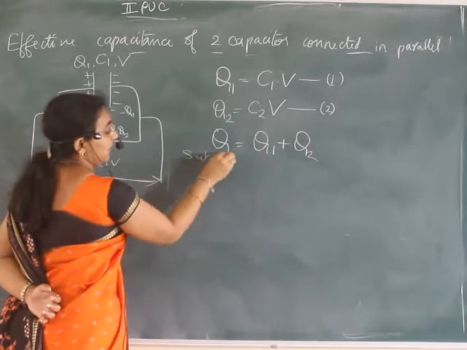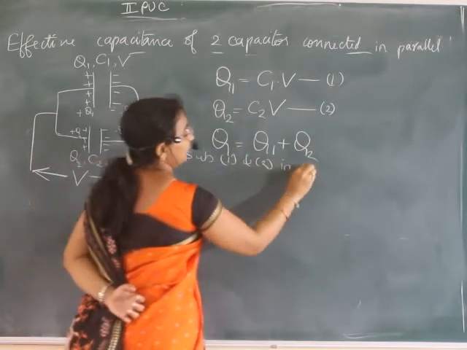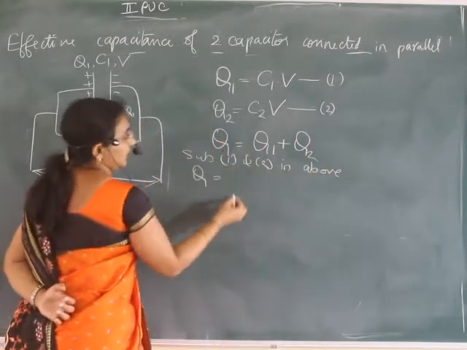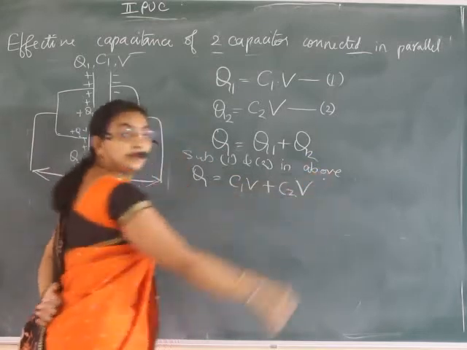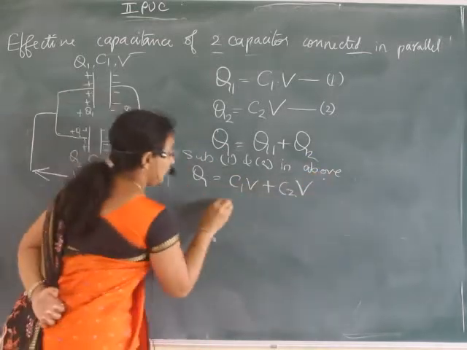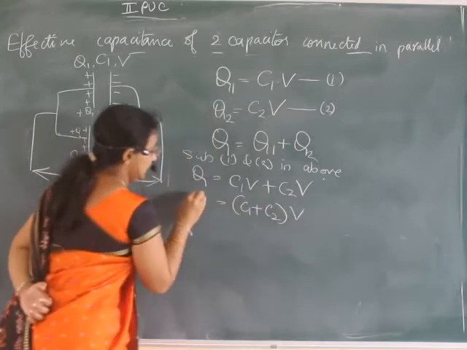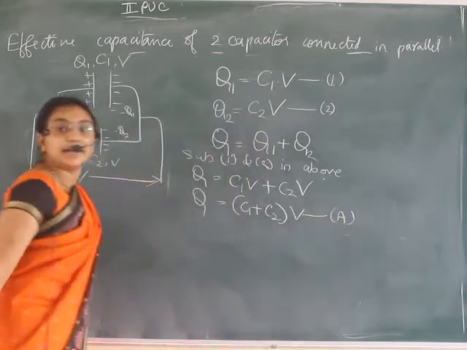Substitute 1 and 2 in the above. So what do we get? Q is equal to C1V plus C2V. V is common, so (C1 plus C2) into V is equal to Q. Let it be equation number A.